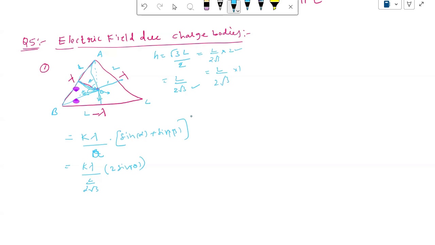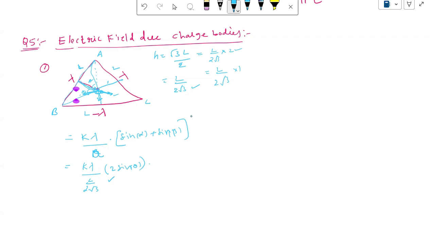All fields are the same magnitude. As I explained already in electric force, the angle between these two fields is 120. Here theta is 60.